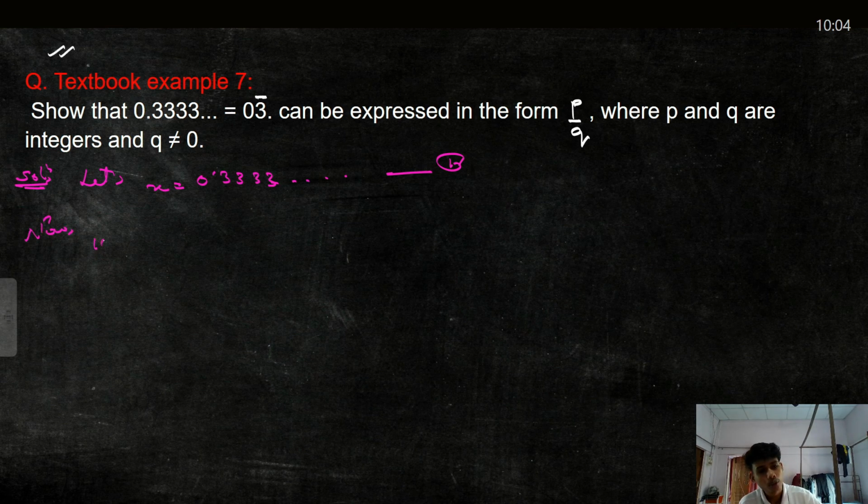Now we will multiply equation 1 by 10, which will imply 10x is equal to 10 times 0.333 up to infinity. Now if we multiply by 10, the decimal will shift one digit to the right.